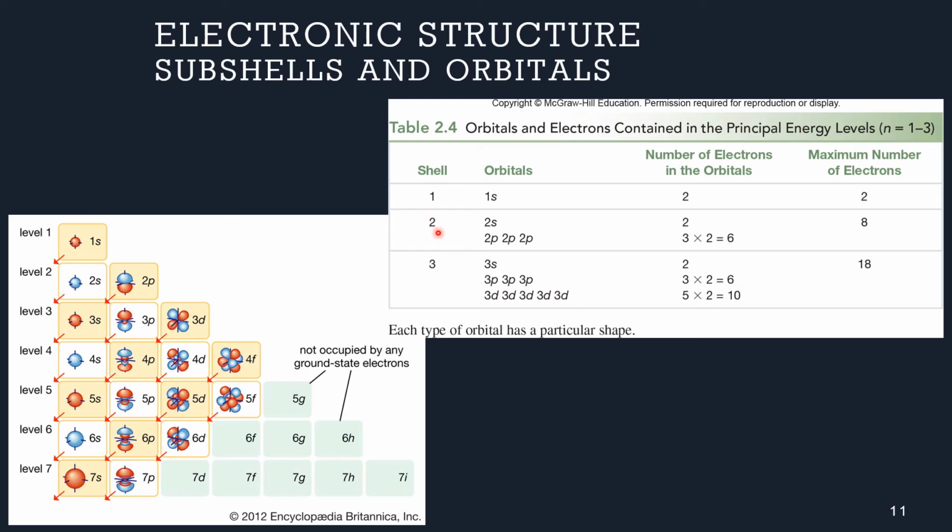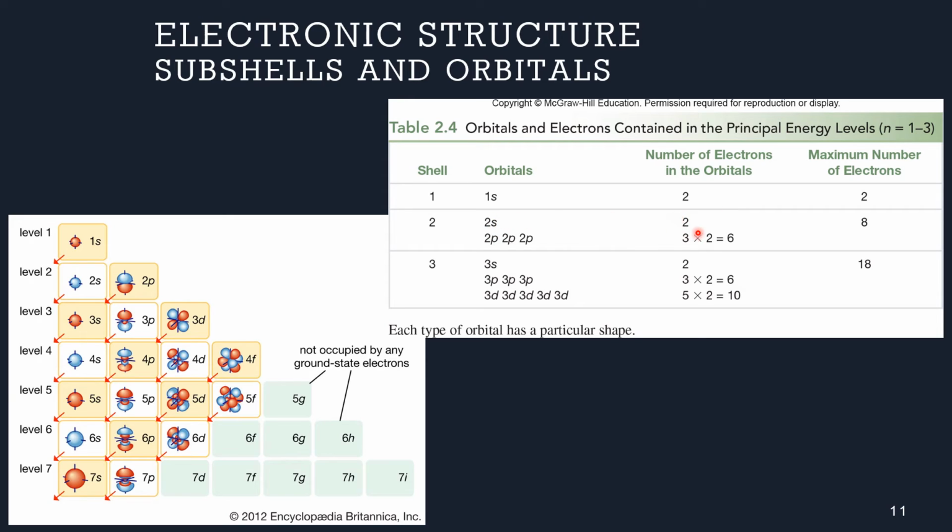Shell 2, so the second shell out from the middle of the atom, can hold 1 s subshell and 3 p subshells. And these are labeled 2s, 2p, 2p, 2p. The number of electrons in each of these orbitals is 2. In the s shell, you only have 1 orbital.